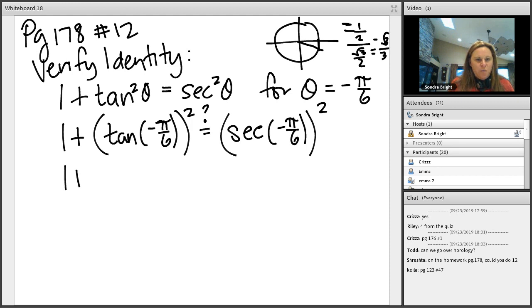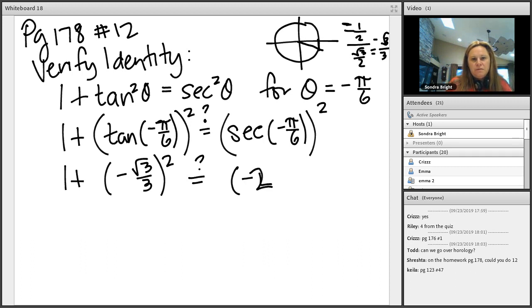All right, so we've got a 1 plus negative rad 3 over 3 quantity squared. And is this equal to secant, which is 1 over cosine, so that would be a negative 2 quantity squared.